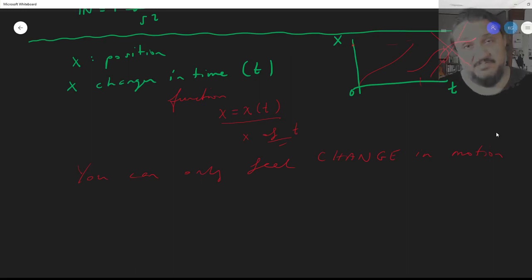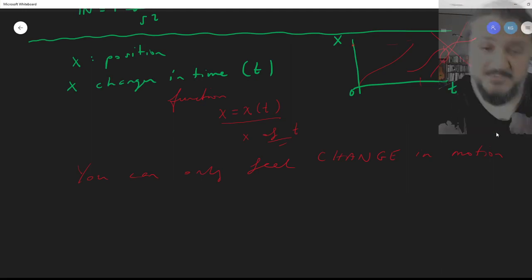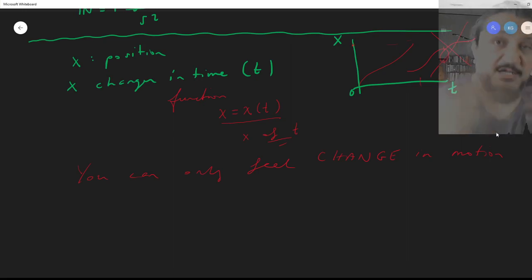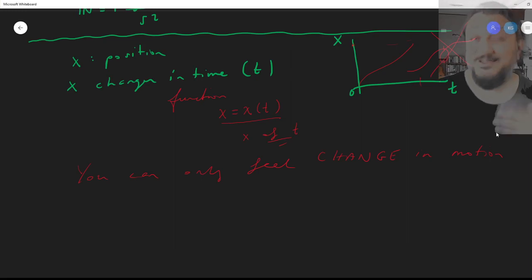You have to increase your speed because once you start exerting a force, that's what brings us to Newton's laws. There will be a change in the motion. If that's the case, you will be pushed to one side of the room, just like you were pushed into your chair when you were speeding up in your Ferrari. Same thing will happen in the spaceship, and you will be pushed in one direction, or you feel like you're pushed, okay?